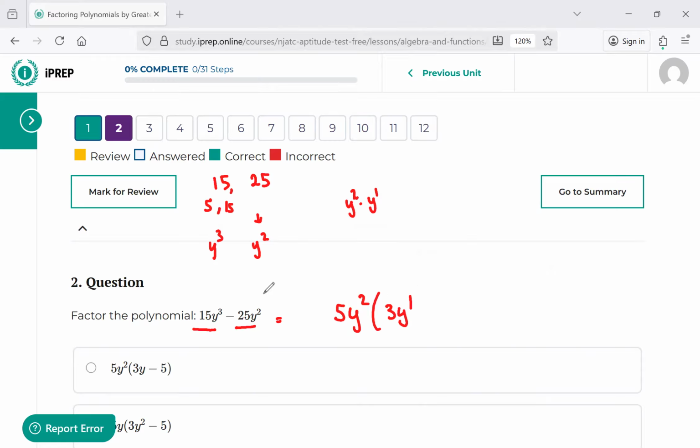On the second one, we need a minus because there's a minus in the middle. What do we have to multiply 5y squared by to get 25y squared? You're going to need a 5, and we don't need any more y's because this already has a y squared. So it's going to be 5y squared times (3y minus 5).